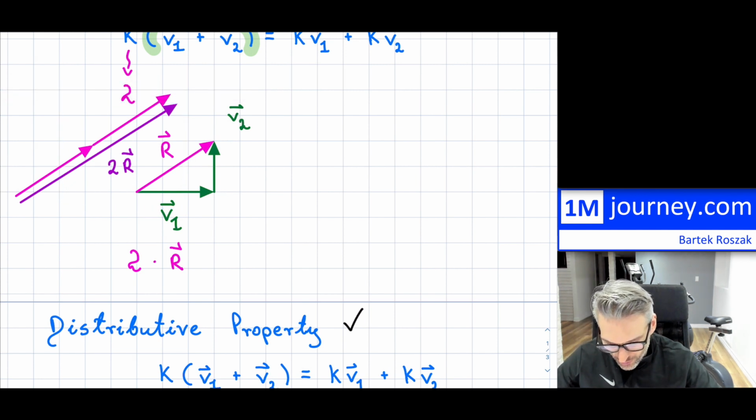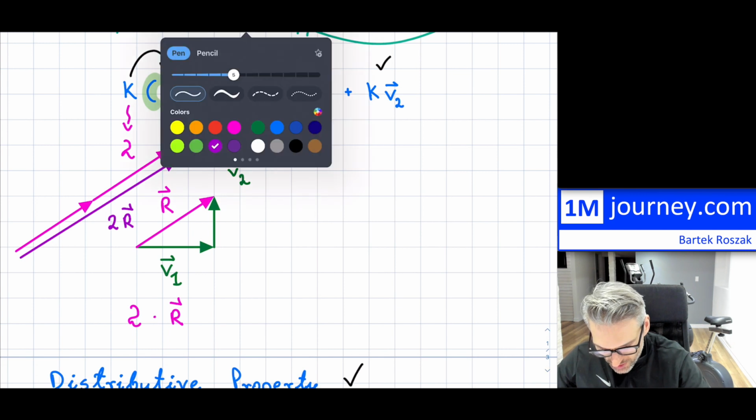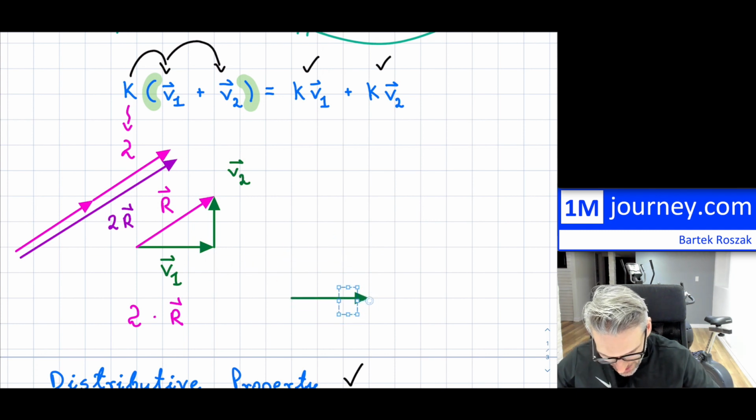And now on the right-hand side of the equation, after the distribution, what would I have there? Well, here are my vectors. I'm going to just steal them. So this is one of them. I'm going to duplicate it and bring it down. And notice that it says you're multiplying by k, so this is twice as big.